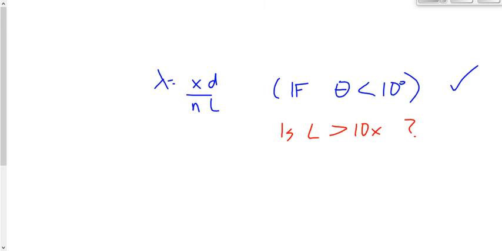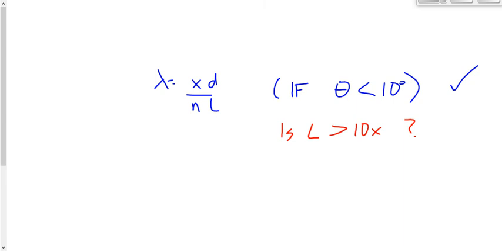If it is, then the angle will be less than 10 degrees. So in other words, we can determine whether this equation is valid or not without bothering to determine what the angle is. We may not know what the angle is, but at least we know whether it's less than 10 degrees or not, and whether we can use that equation or not.